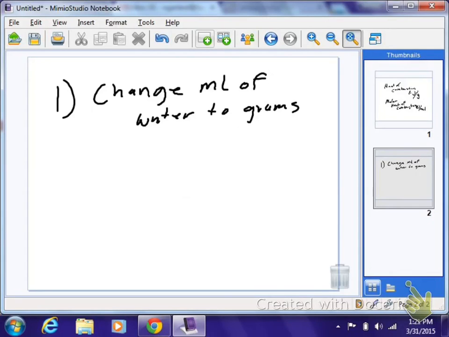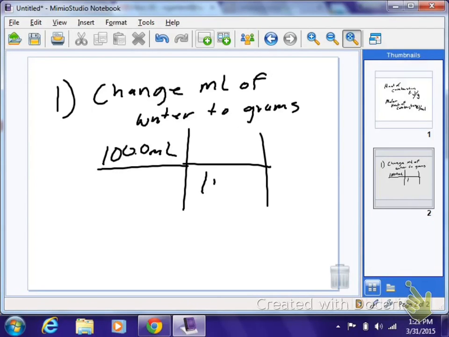So if you remember, and we're going to go through this real quick, that we had 100 milliliters. And what we did is we said for every 1 milliliter we have 1 gram of water because that's the density. So that would get you 100 grams of water. So that's the first thing we need to do. We need to have our value in grams. Okay?